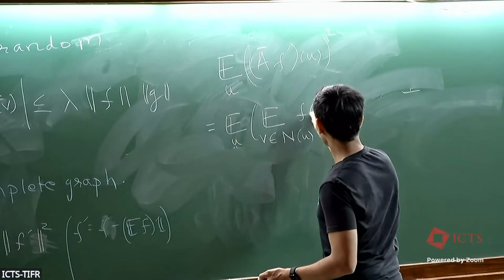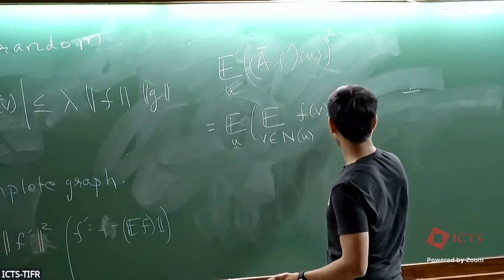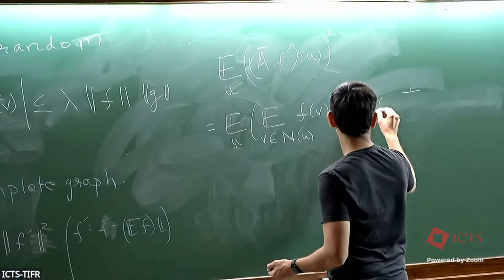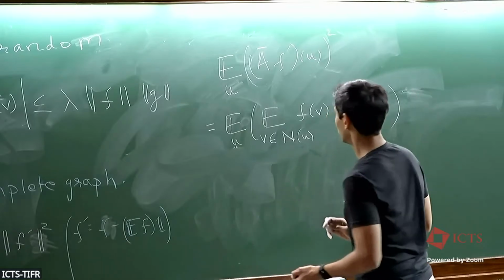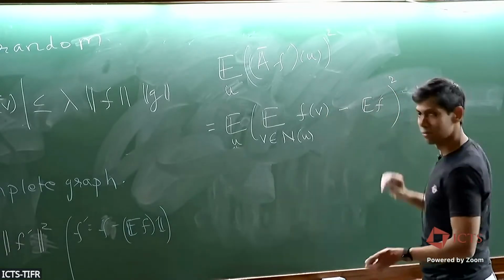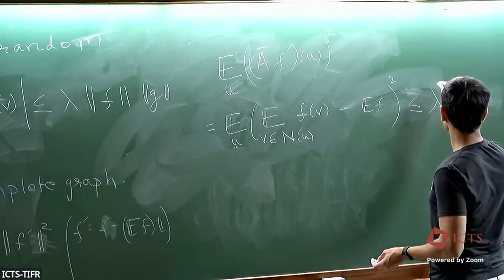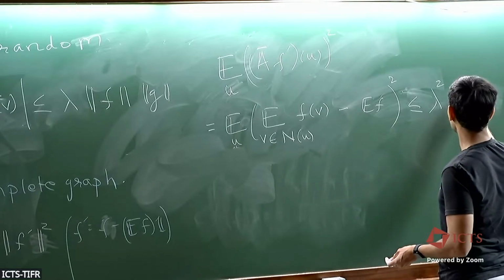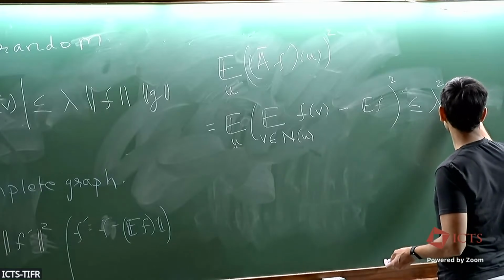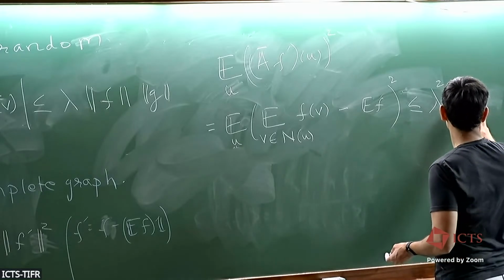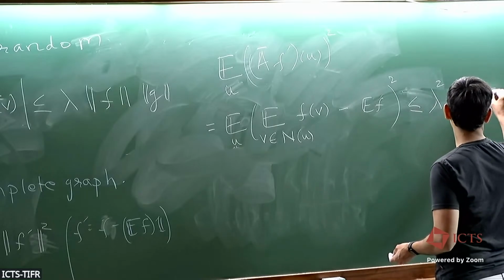What is the value of f prime? Well, the value of f minus E of f. And what we just claimed is that this is less than or equal to lambda squared times the norm of f prime, or maybe the norm of this vector.